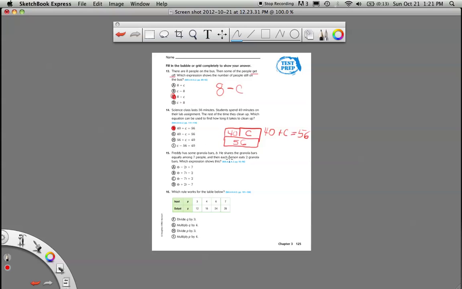Number 15, moving right along. Freddie has some granola bars. We don't know how many, we'll just call them B. He shares the granola bars equally. We know shares equally is division. He's sharing it equally among 7 people. And then each person eats.